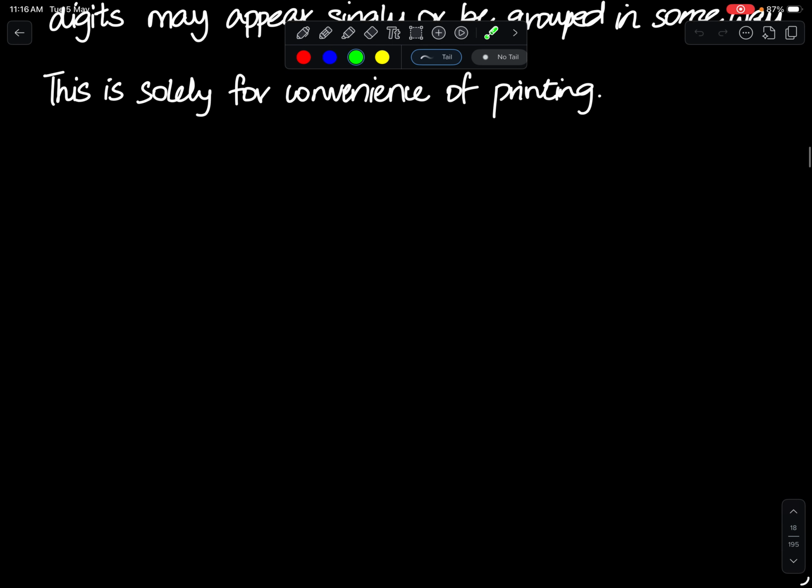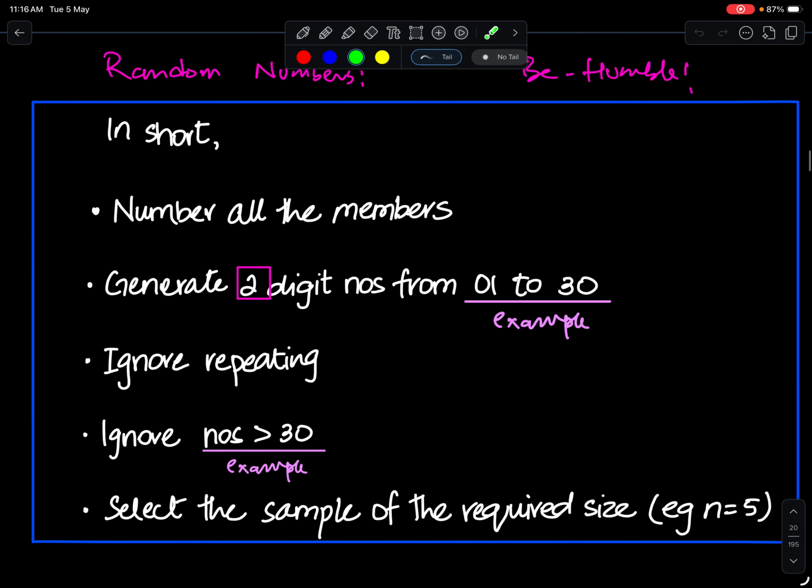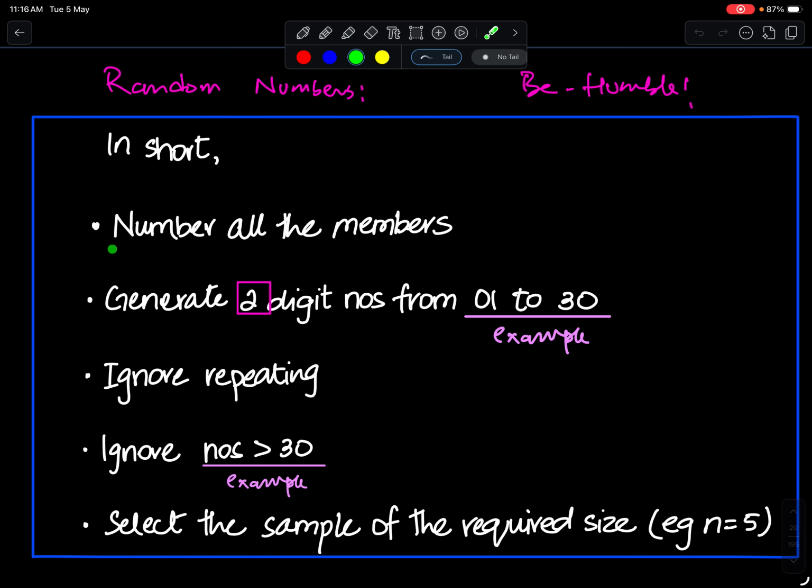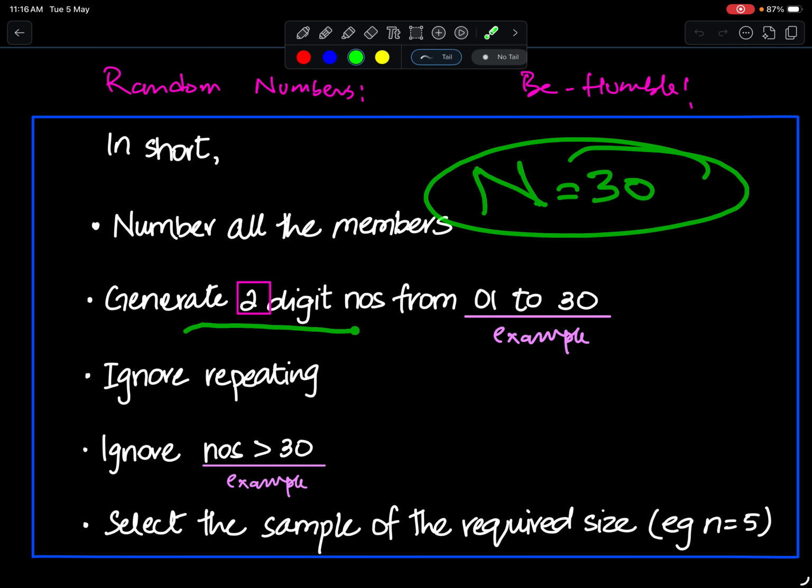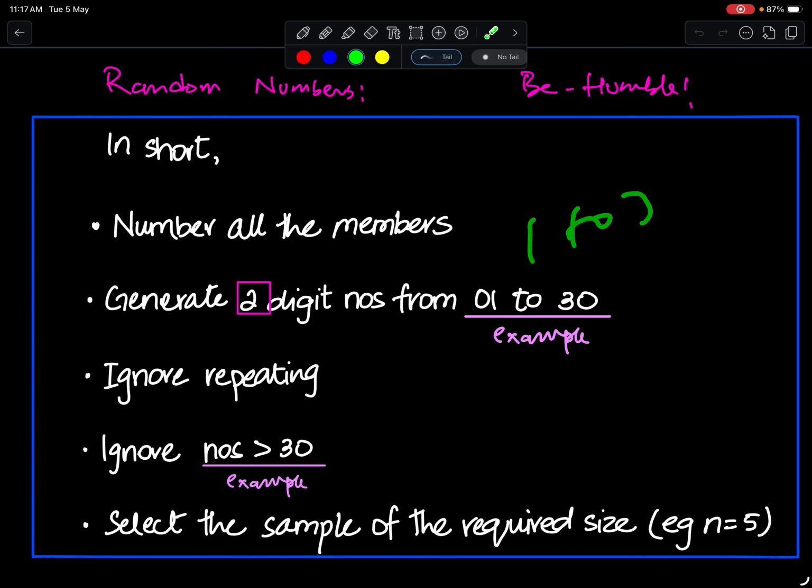Random number tables method. In random numbers, write these points. Number all members. If we have a population of size 30, then generate 2-digit numbers from 01 to 30. You can also write 1 to 30.